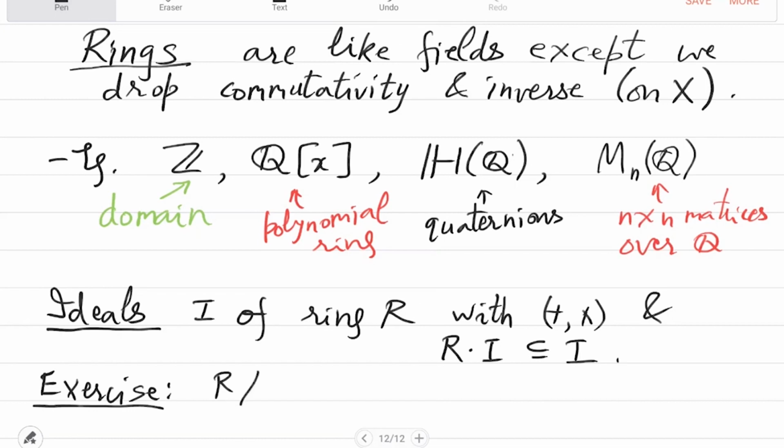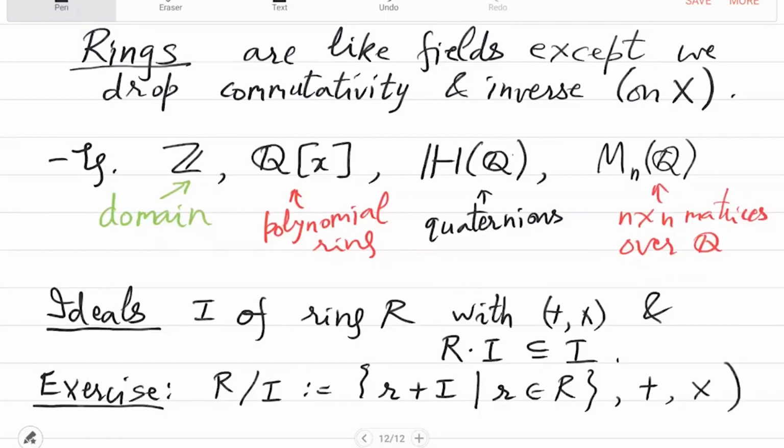That R mod I makes sense, and abstractly it has these elements r plus I for every element r in the ring, and there is addition operation and multiplication operation. As a set it has these abstract elements. You can think of this as one element per ring element r, but there is also a plus I, remember. So it's not r truthfully, but an approximation of r.